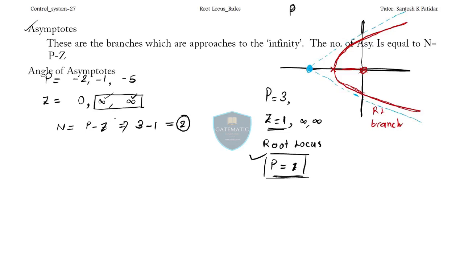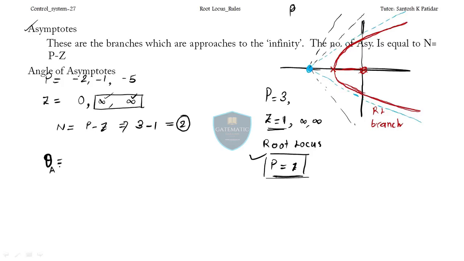Okay, now what is the angle of asymptote? See friends, at what angle will this asymptote go? Will it go like this or this? How to find out that asymptote angle? So the formula is, theta is the angle of asymptote.